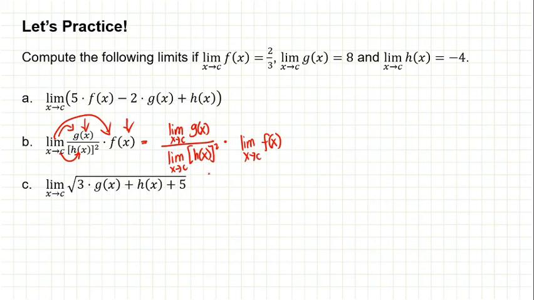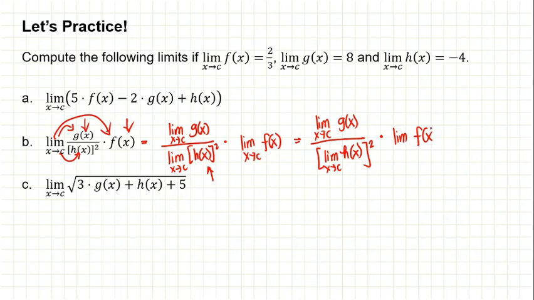Now, sa baba, pwede nating ipasok yung limit according to the power theorem, right? So, this will become the limit of g of x as x approaches c over the square of the limit of h of x as x approaches c square times the limit of f of x as x approaches c.